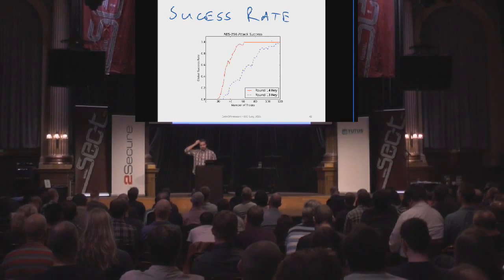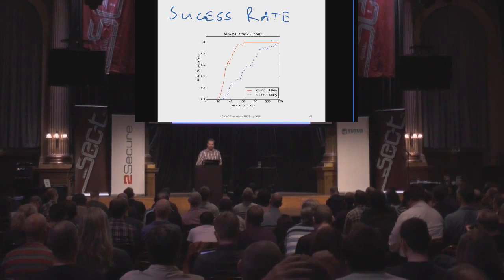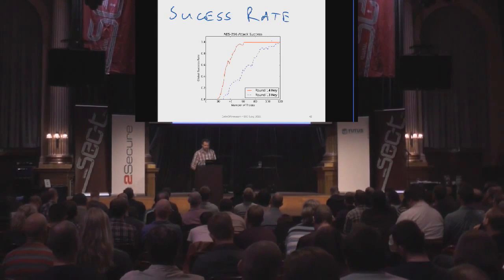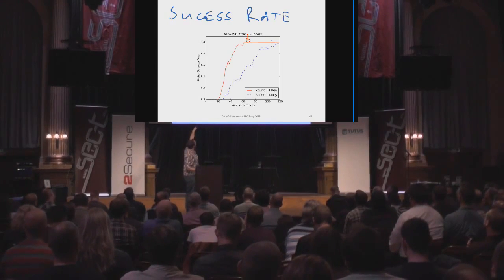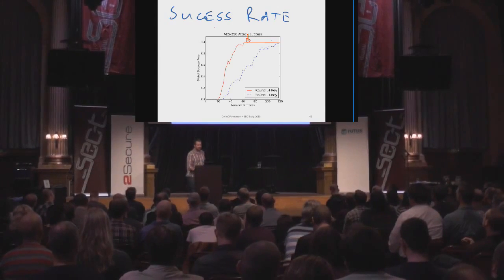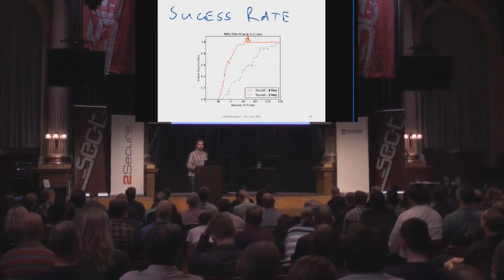What you get is the same sort of device, a small microcontroller, in about 60 to 80 traces, somewhere around here, with almost 100% success rate. The success rate is how often I recovered the entire key. Almost 100% of the time, in about 60 decryption operations, I can recover those first 16 bytes.